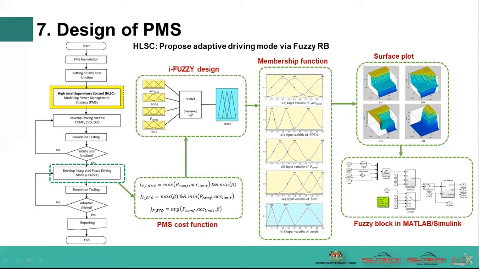I use the fuzzy PMS cost function to compute the best mode for each condition, by using this membership function. This is the surface block and the fuzzy block in MATLAB Simulink. So instead of having individual driving modes, such as comfort driving, EV driving or eco driving, we can have a single integrated fuzzy mode.